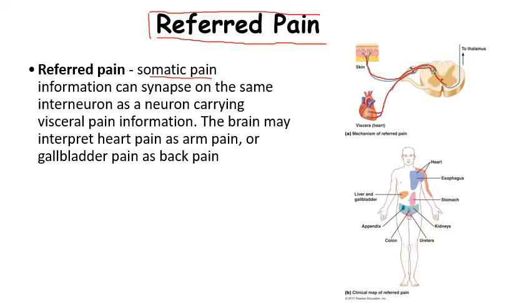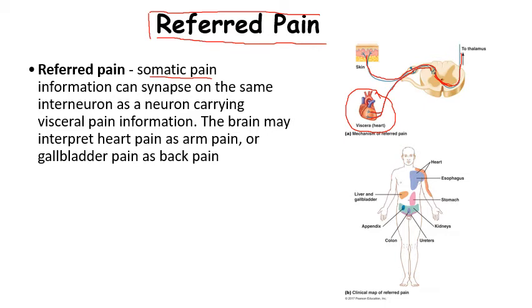So the visceral pain and the somatic pain end up synapsing on the same neuron that's going to bring information to the brain. Therefore, if I have pain stimulated by my heart, there's something wrong with my heart, I can also get a referred perception of pain in a certain region of skin because of this synapsing on the same neuron.